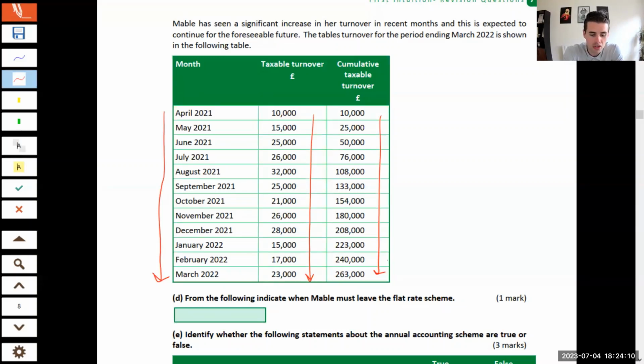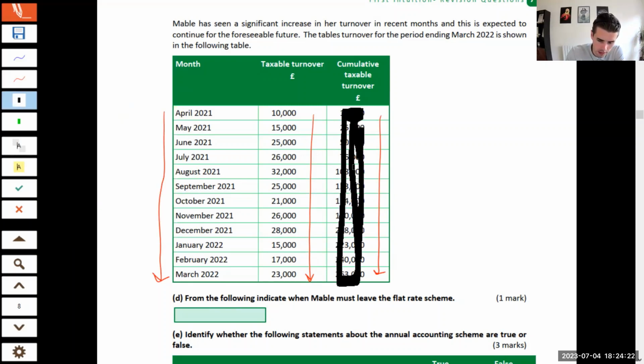Now, what I will mention, as I said, this mark is quite nice. It's a bit marshmallowy. Truthfully, I think you'll get a table similar to this, but what you're probably not going to get is this bit here, okay? The AAT, just to make you sweat a little bit more, it's very, very probable, not certain, but very likely they will want you to manually find the cumulative turnover, because what we're asked to do is say from the following information, we're going to indicate when Mabel must leave the flat rate scheme, okay?